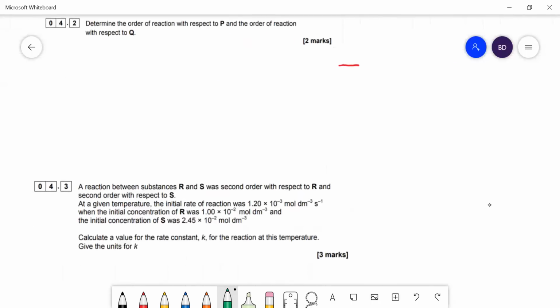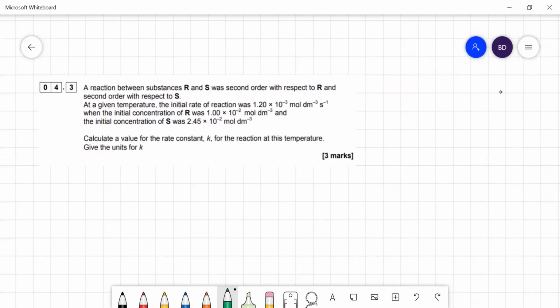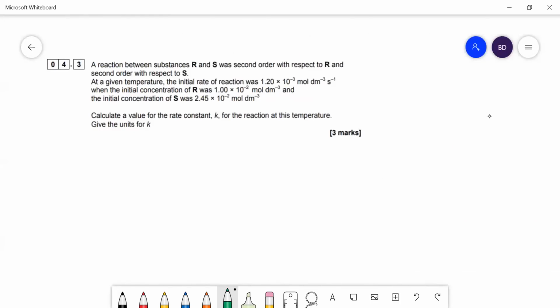Now I've got another reaction between R and S. We say second order with respect to R and second order with respect to S. So let's write down the rate equation there. Rate is equal to the rate constant, concentration of R squared, concentration of S squared.